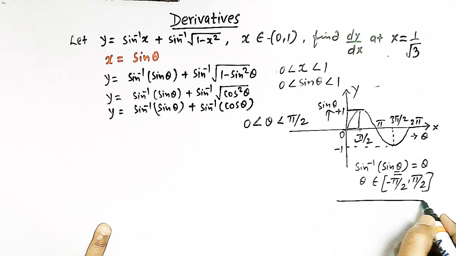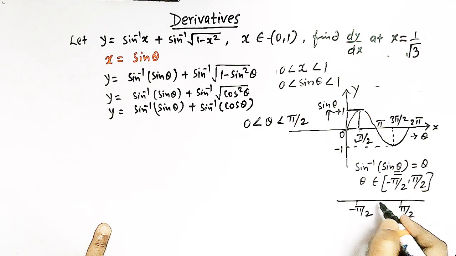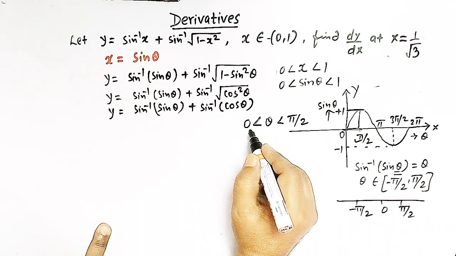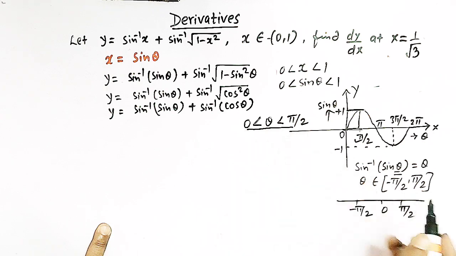So that is here we have minus pi by 2, and here we have pi by 2, this is 0.